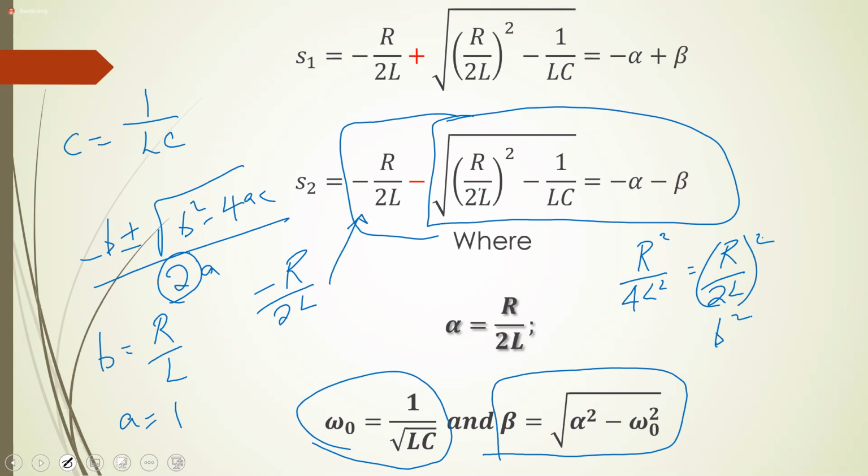And then for LC, a is 1, so we'll be bringing 4 into the square root sign. So it will be 4 over LC times 1 over 4, because I'm bringing the half into the square root sign. So I'll end up with 1 over LC. So that's how we get this expression here. Okay? Any questions so far?